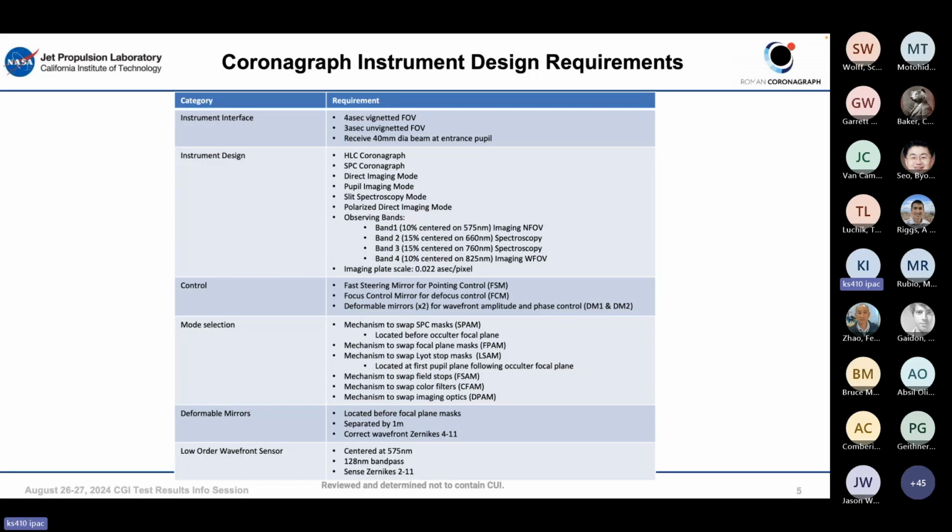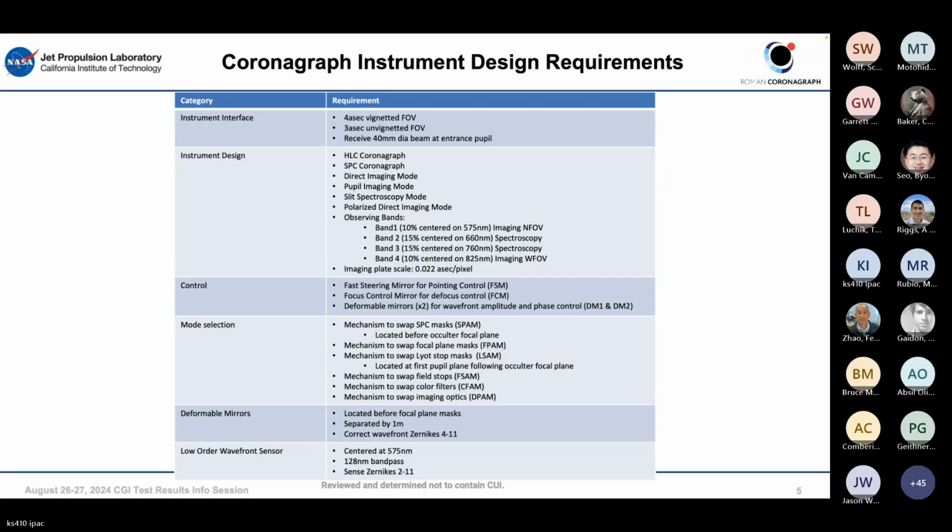For mode selections, we have a variety of precision alignment mechanisms, or PAMs, to swap out SPC shaped pupil coronagraph masks, focal plane masks or occulters, Lyot stop masks, the field stops, all of the various optics and masks that AJ had just shown you in the previous presentation, as well as a whole bunch of color filters and a number of imaging optics.